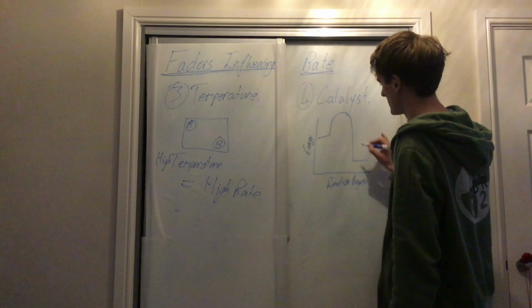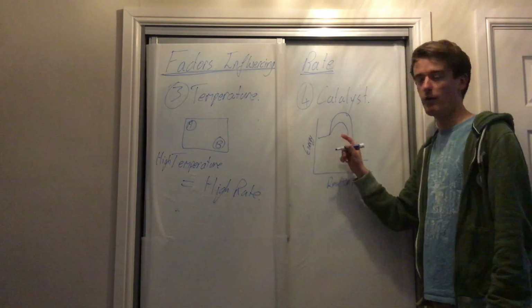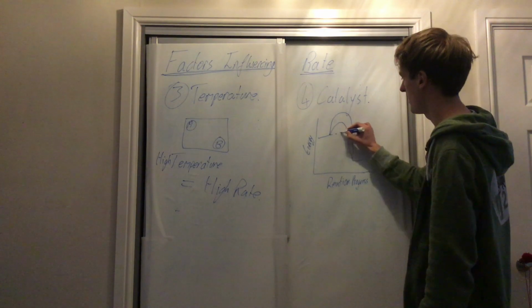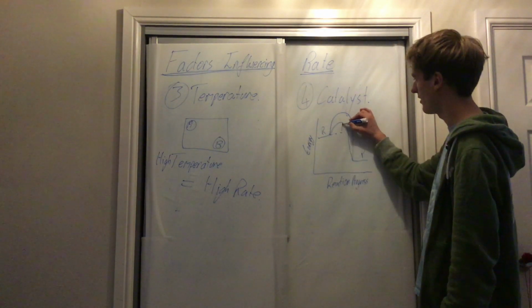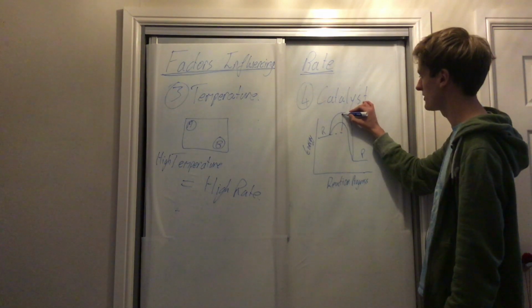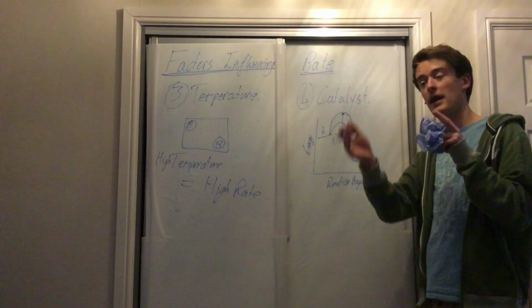A catalyst provides an alternative pathway of a lower activation energy. So in the normal route here, we have our activation energy up to the top of this peak. That's the activation energy of the normal pathway.